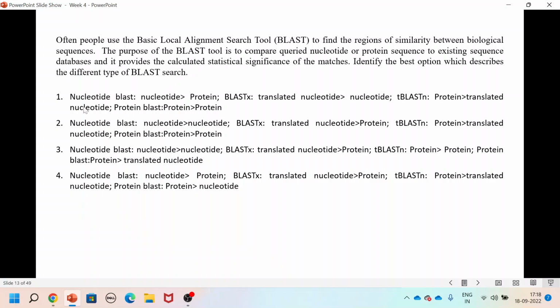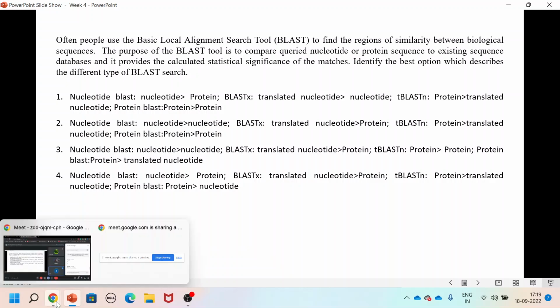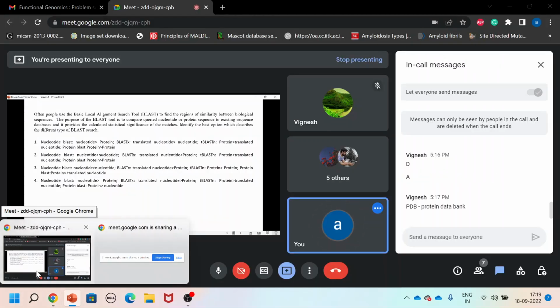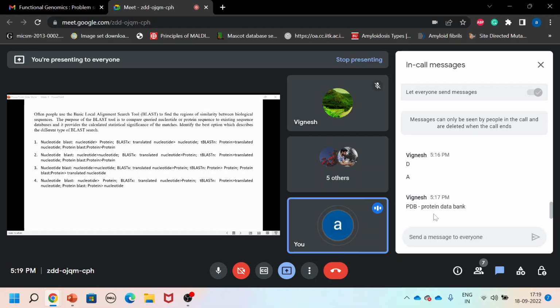So nucleotide BLAST is for nucleotide to protein, BLASTX for translated nucleotide to nucleotide, TBLASTN is protein to translated nucleotide, and protein BLAST is for protein to protein. Similarly, there are other options. So anyone who would like to tell, it's a very easy question. Right. So Vignesh said PDB, Protein Data Bank. Okay.